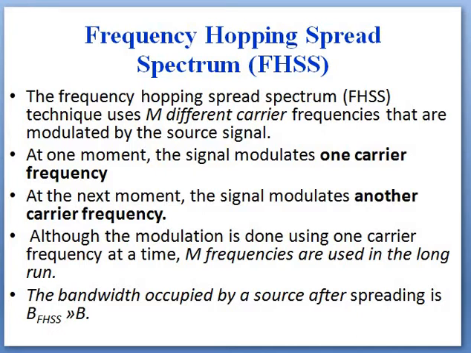At one moment, the signal modulates one carrier frequency, and at the next moment, it modulates another carrier frequency. The modulation is done using one carrier frequency at a time, and M frequencies are used over the long run. The bandwidth occupied by a source after spreading is always greater than the original bandwidth, that is, B_FHSS is greater than B.